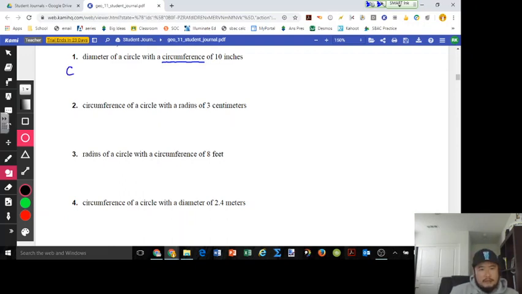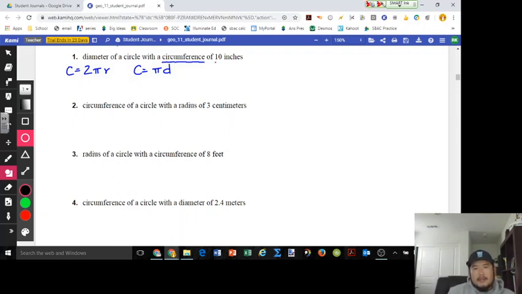Remember, we have circumference is equal to 2 pi r, which I could possibly use. Or, remember, we also have circumference is equal to pi times d. And this would be a better one to use right here because they're saying we want to find the diameter of a circle with circumference of 10.